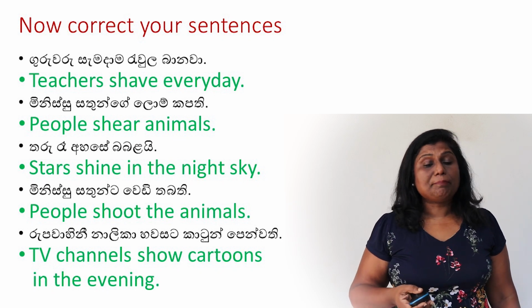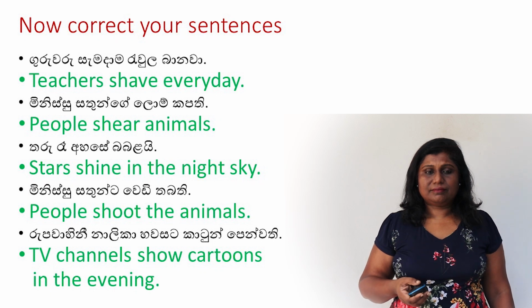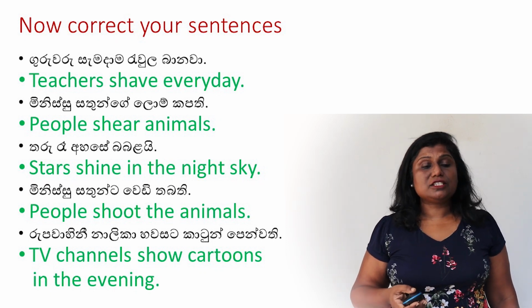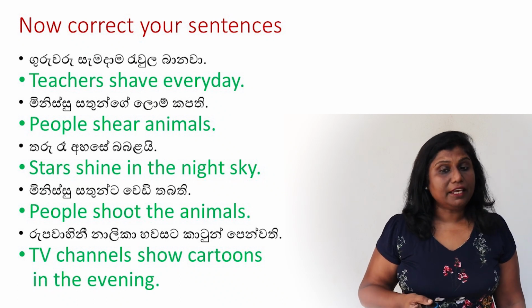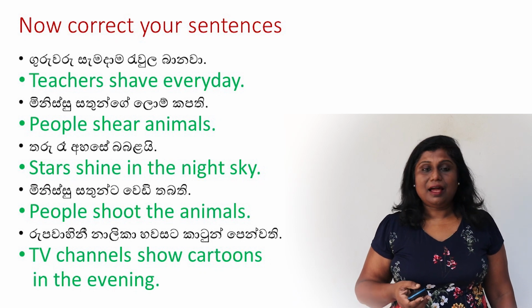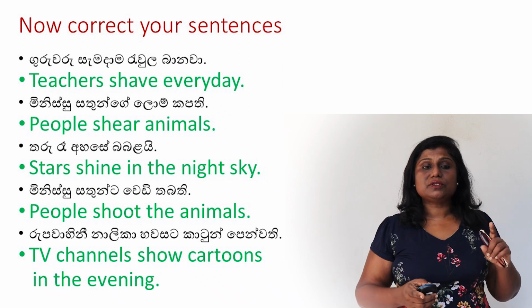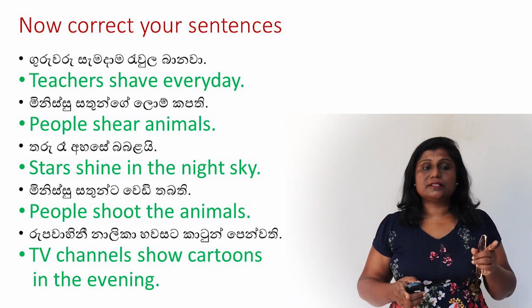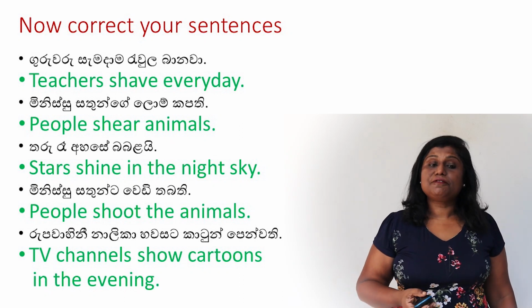Number 4, people shoot the animals. Number 5, TV channels show cartoons in the evening. I would like to remind you that you all have to start the sentences with a capital letter and end the sentence with a full stop.